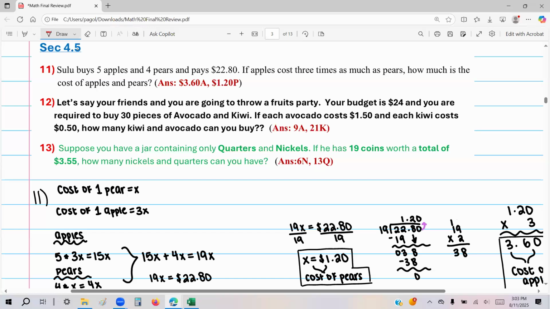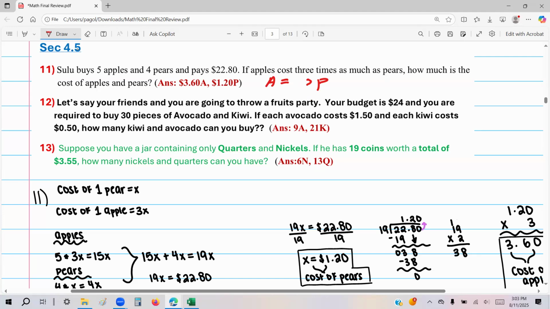So there will be one equation where the right side will be 22.80, and another equation will be for the next sentence. If apple costs 3 times as much as pear, so apple costs 3 times the pear.